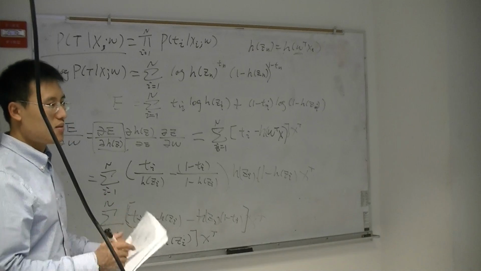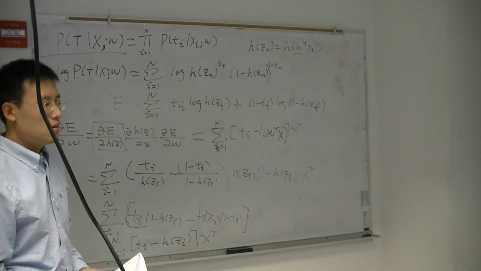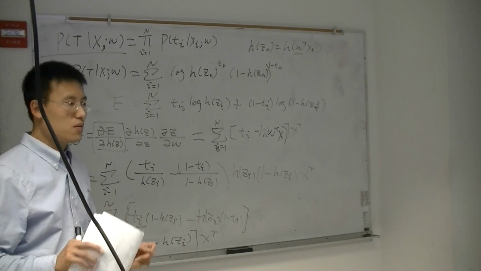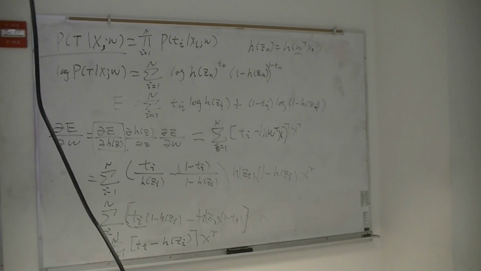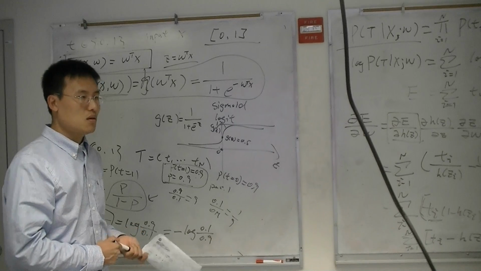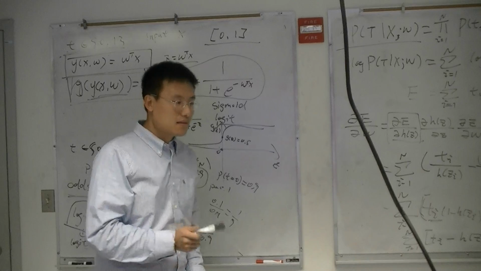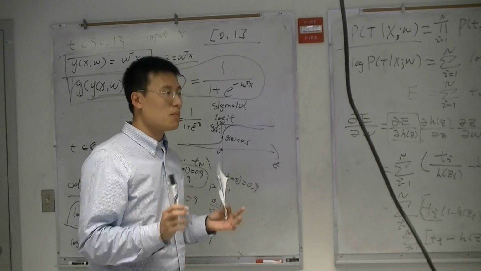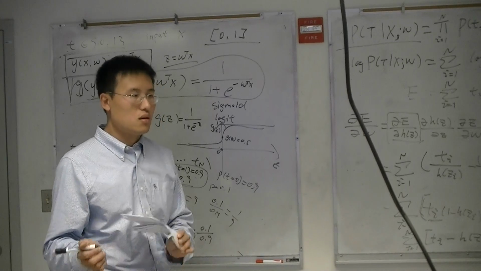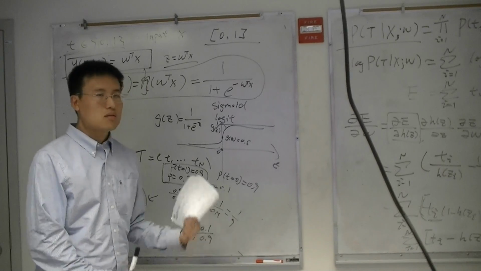You can generalize your regression algorithm depending on the distribution of your label. In this case, the label satisfies a Bernoulli distribution, so we get the logistic regression. In that case, it was modeled as a Gaussian distribution, so we got the least squares model.